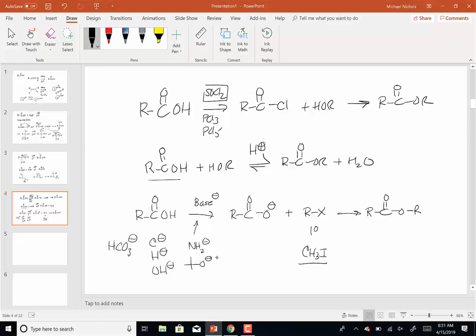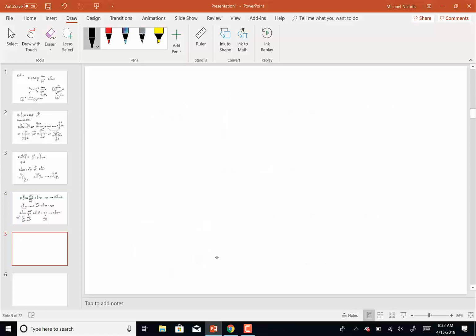Now, to make methyl esters, you could do this, but there's actually a slightly different method that's been used, and that's using what's called diazomethane. With diazomethane, what you do is you react the carboxylic acid with diazomethane, which is CH2N2.